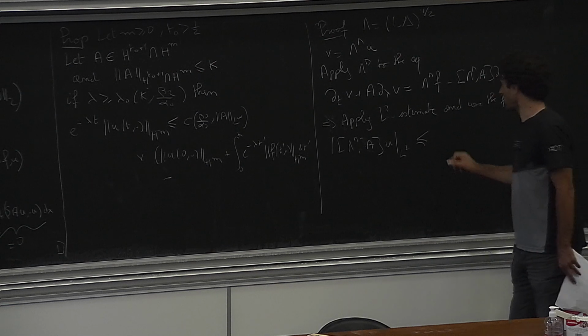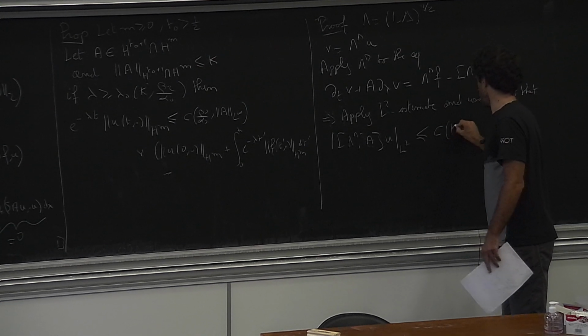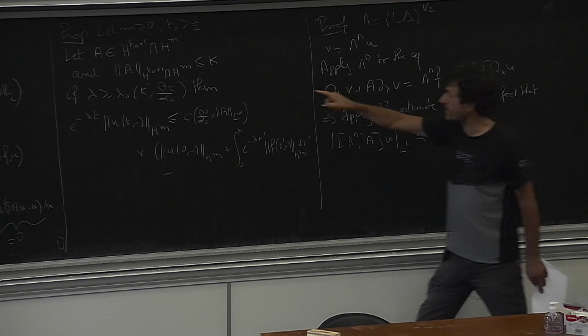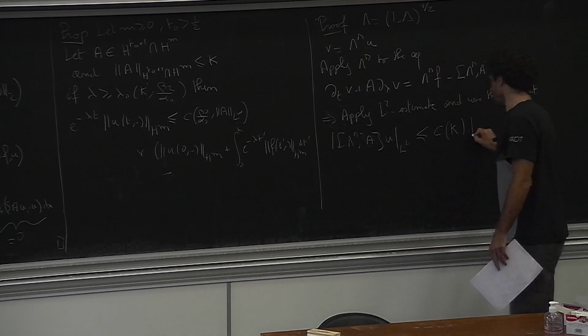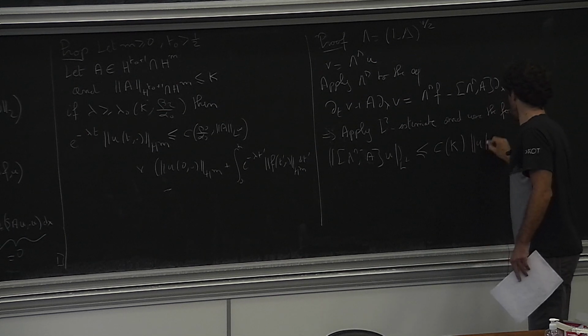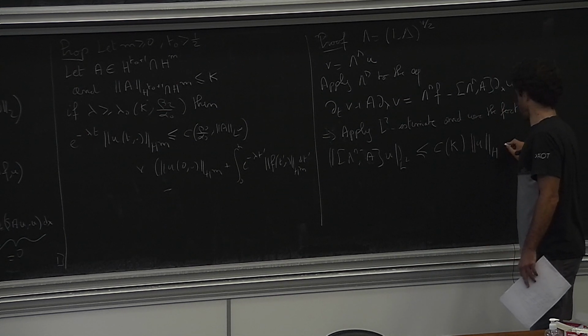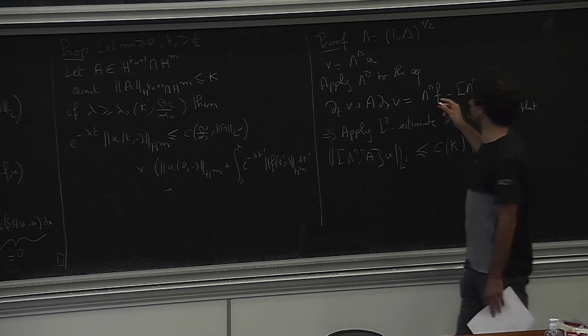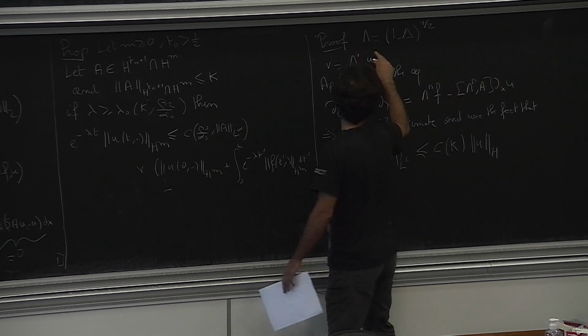You can control this by a constant that depends on this quantity K that I introduced here, times the norm of u in H^s. Now this s is an M. I'm sorry.